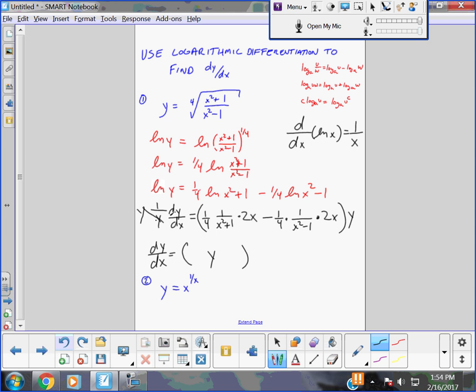So this is going to be y times x over 2 times x squared plus 1, when I simplify, minus x over 2 times x squared minus 1. Now, I suppose I could do some work and make it one term, but I'm not going to bother. But I am going to say y is what? Well, y is that 4th root of x squared plus 1 over x squared minus 1.